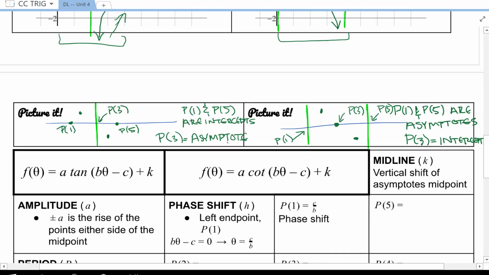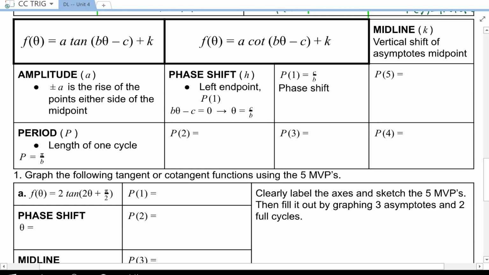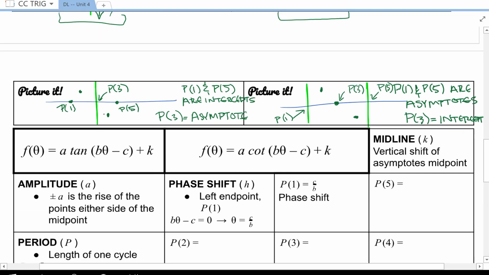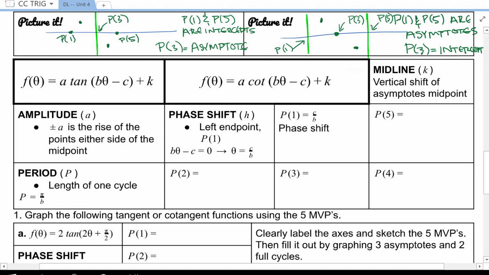The transformations of tangent and cotangent are very similar to the ones we had for sine and cosine. There are just a few differences. Of course, how the y's go is different. But finding all the other points, the x values, is the same. The period, of course, for tangent is pi.